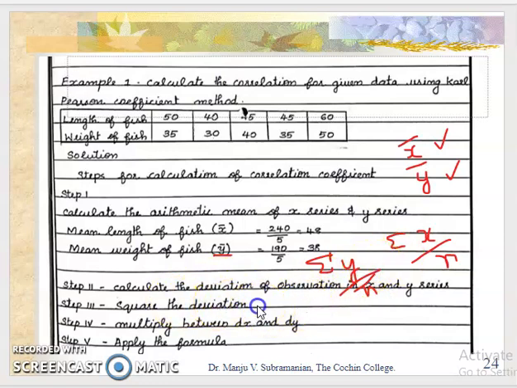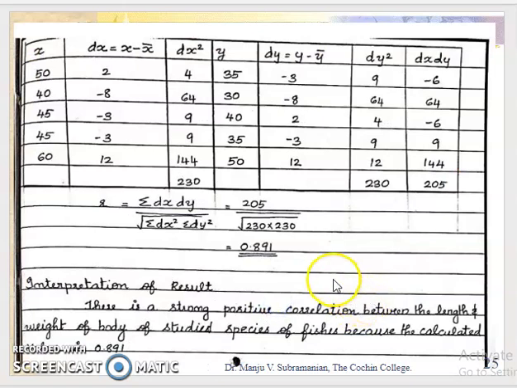And then square the deviation. In order to find the solution, you can just tabulate your data. You can enter the x value, you can enter the y value, then you can find dx, that is x minus x bar, the deviation for x, and the deviation for the y variable, then square it. Then you have to find dx into dy.